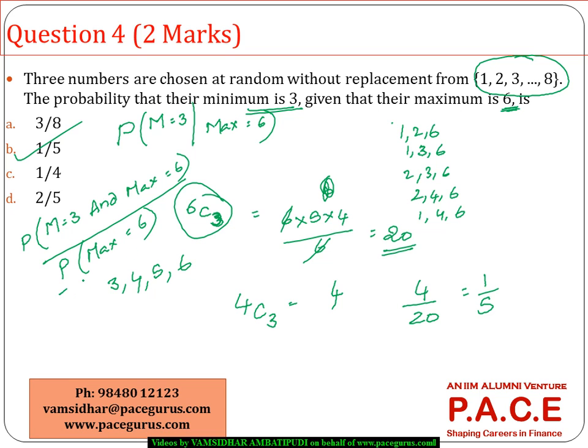For max equal to 6, out of the 6 numbers I have to choose 3, which can be done in 6C3 ways. For min equal to 3 and max equal to 6, there are only 4 possibilities to choose from, so selecting 3 out of those 4 can be done in 4C3 ways, which again works out to 1 by 5, giving option choice B. Is this fine? Alright, let's move on to the next question then.